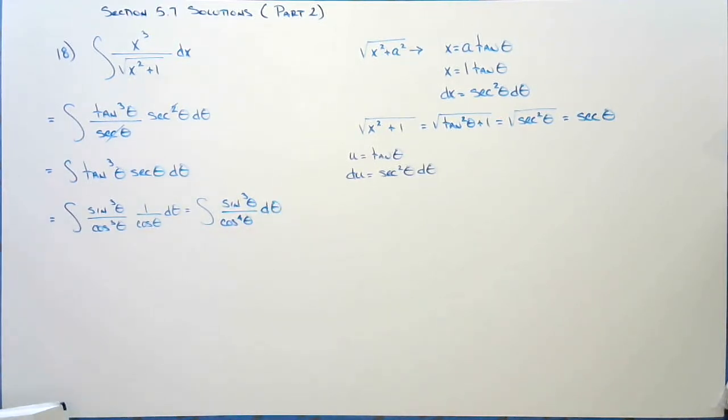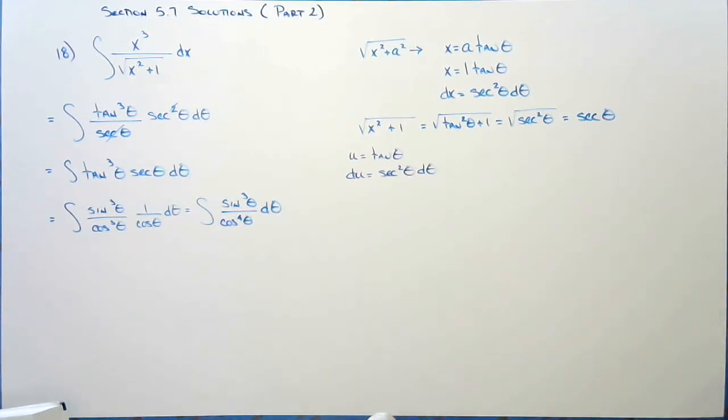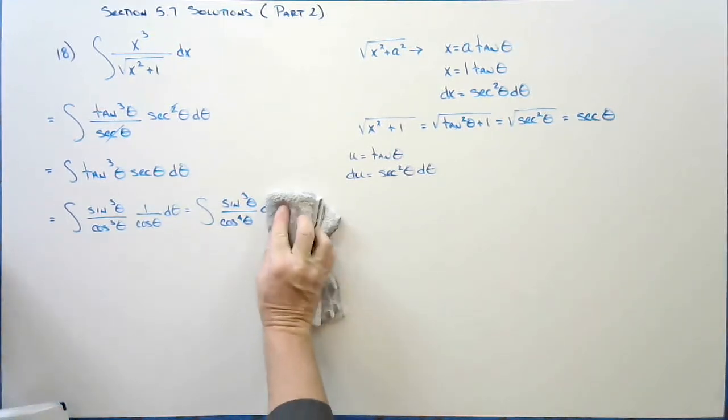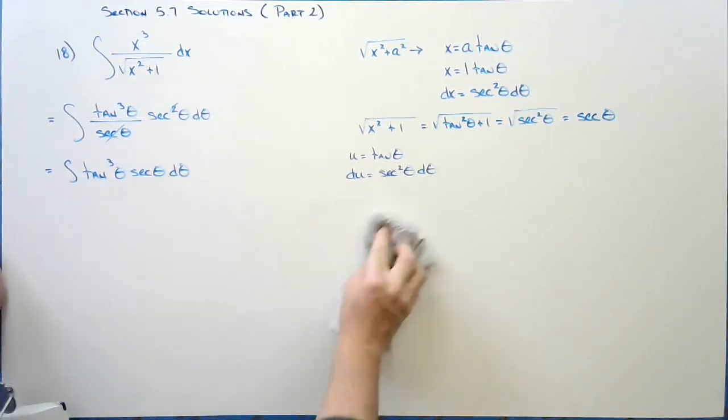And we look at that and we think to ourselves, wow, I really don't know what to do with that either. That's an integral that doesn't scream at me, hey, solve me this way or that way. We haven't seen integrals that look like that. We know what to do if we have sine cubed times cosine to the 4th, but not the ratio of sine cubed over cosine to the 4th. So that idea, while it seemed like maybe that would work, it doesn't look like that's going to be our approach.